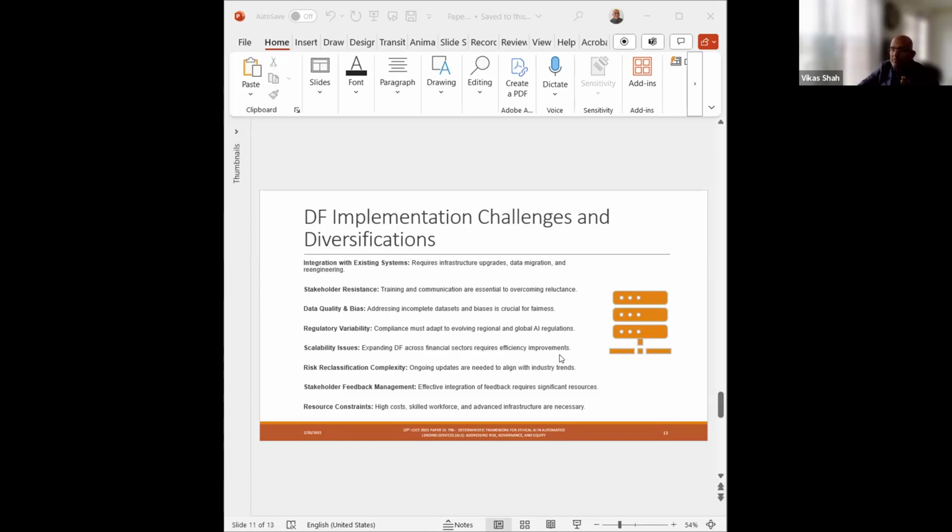Because they have certain biases themselves, and it is being reflected in the data that needs to be improved. Another factor we have seen, specifically in European regions, is that the regulatory requirements are changing, and accordingly we have to adjust to the risk reclassification.